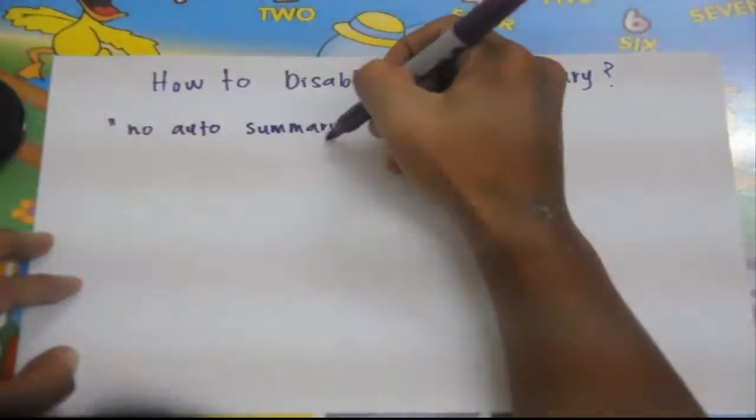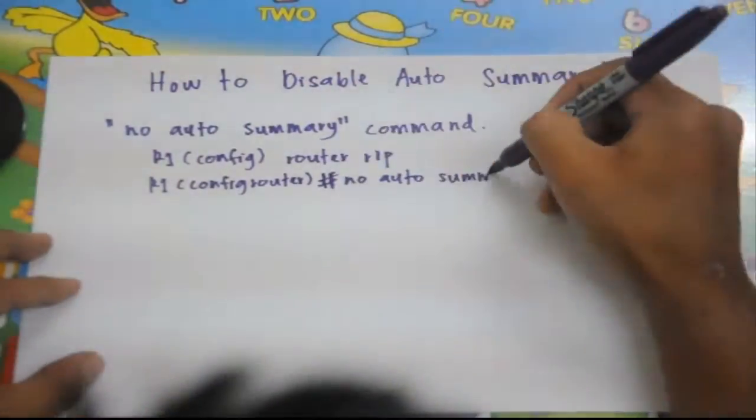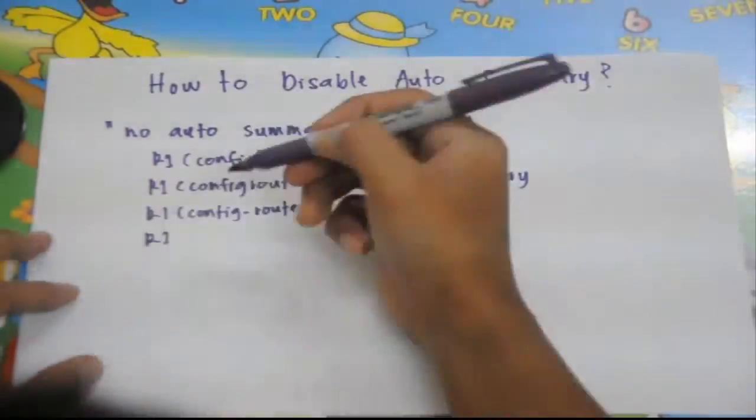How to disable auto summary. To disable automatic summarization, issue the no auto-summary command.